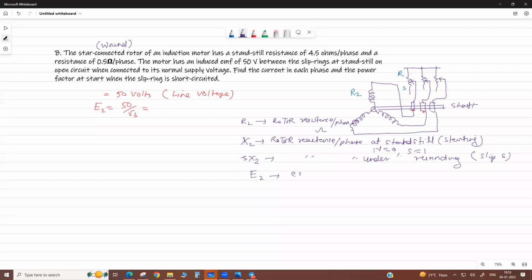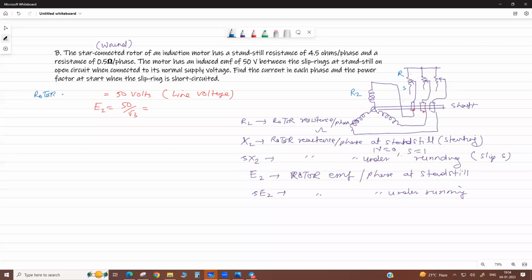It is the induced EMF, rotor circuit EMF per phase again, at standstill condition, or sE2 is under running condition. Now you understand, because rotor parameters change at standstill and running condition. So this E2 means it is at standstill condition.